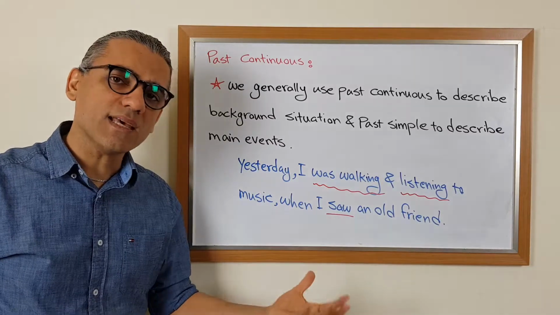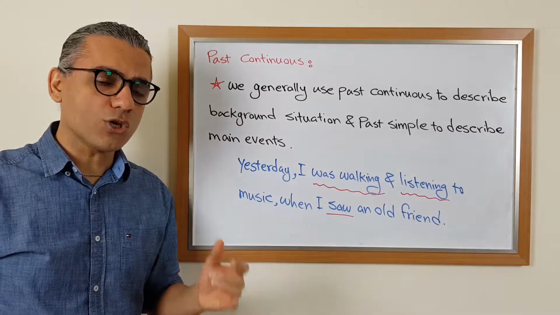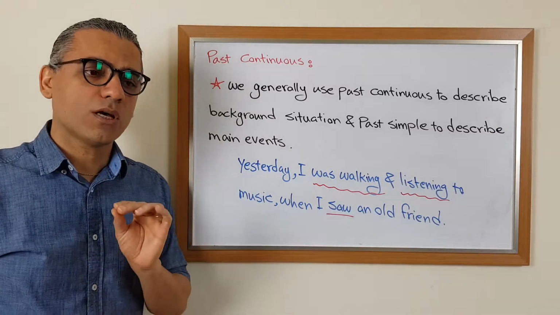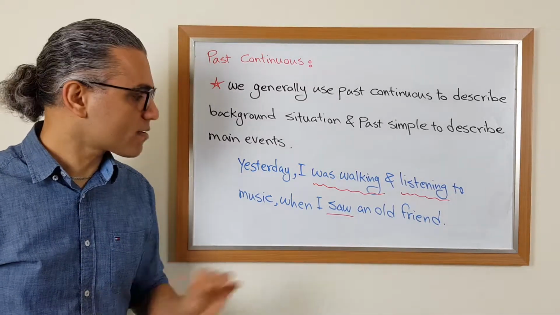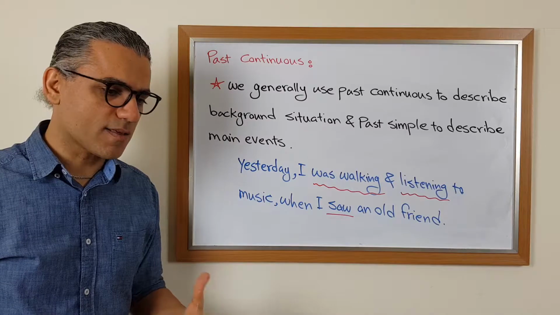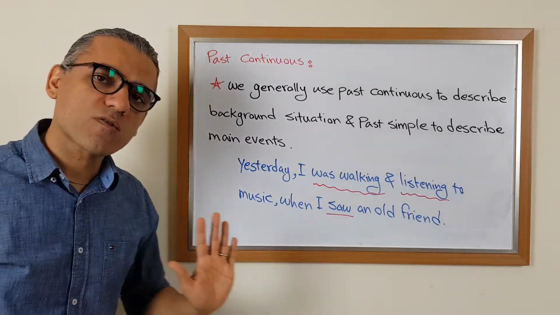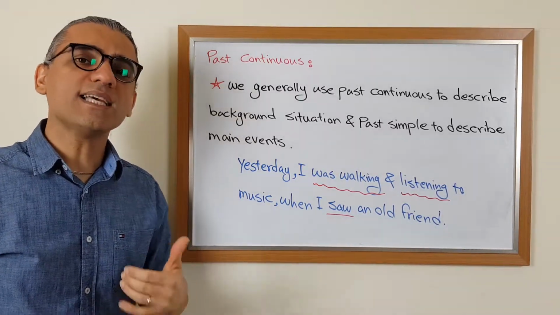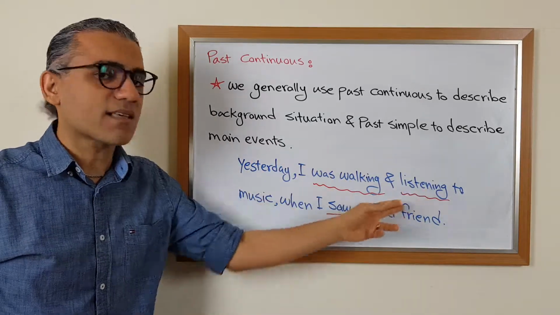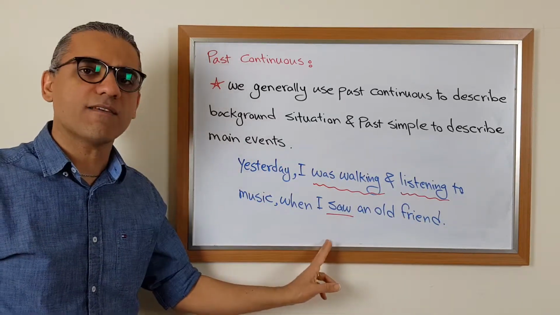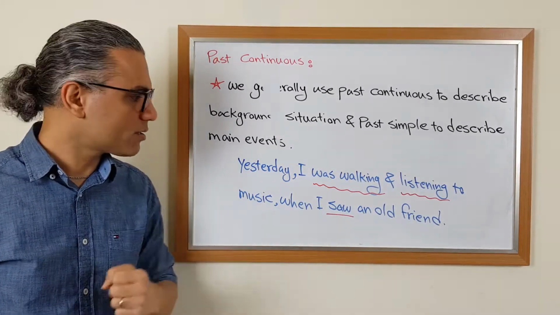This is the main event of your sentence, and we use past simple when we are telling a story to describe the main events in a sentence. The main event in a sentence is an event that pushes the story forward. It is an event that you are setting the scene to get to this event, to describe this event.